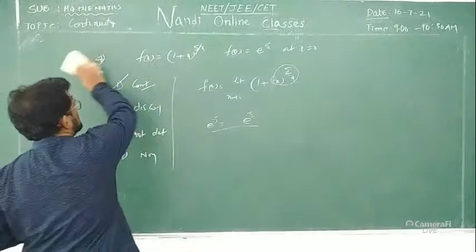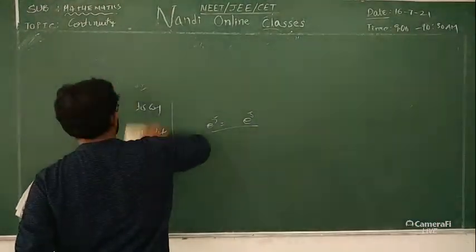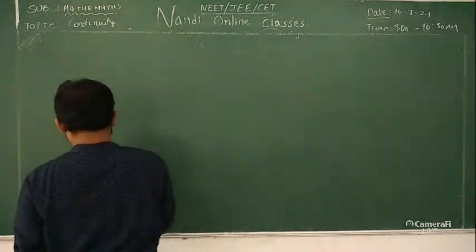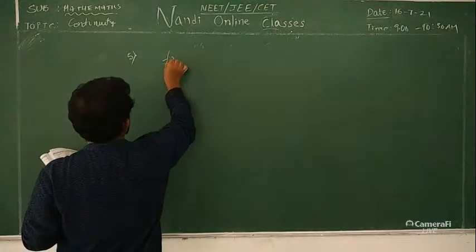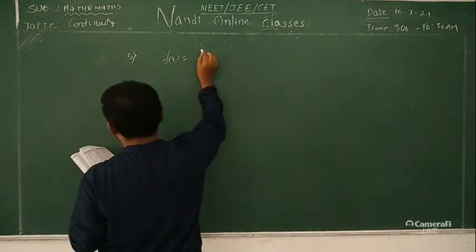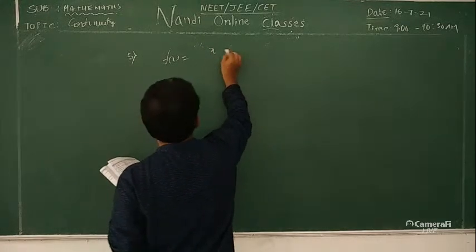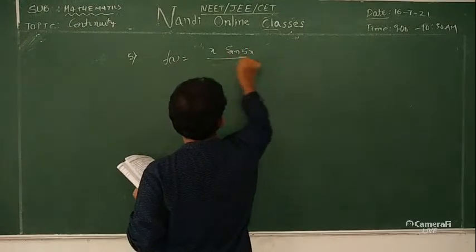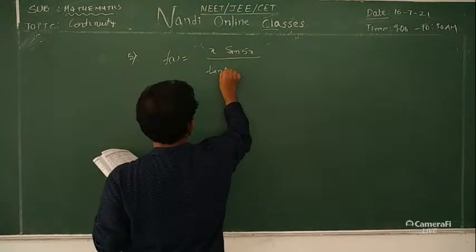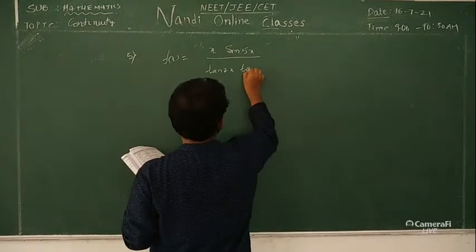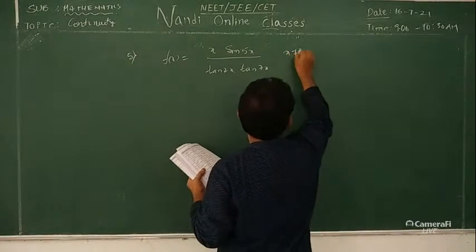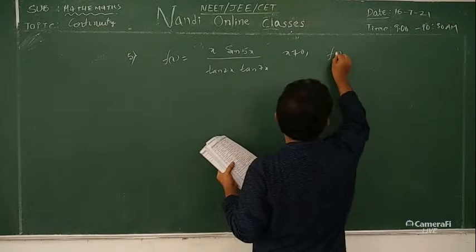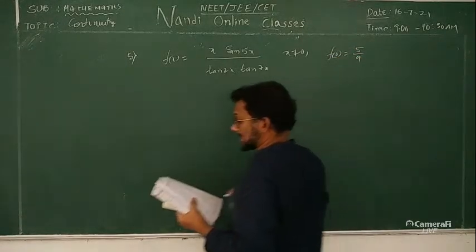Now next problem. Fifth problem. f of x is equal to x into sin 5x divided by tan 2x into tan 7x, for x not equal to 0, and 5 by 9 at x is equal to 0.